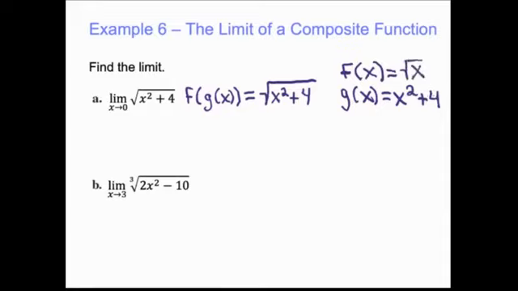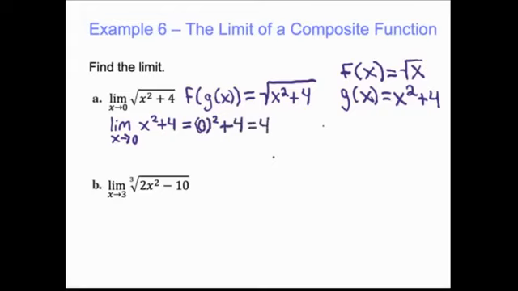And so we're going to find first the limit as x approaches 0 of g of x. We have the limit as x approaches 0 of x squared plus 4. That's equal to, by direct substitution, 0 squared plus 4, which equals 4.